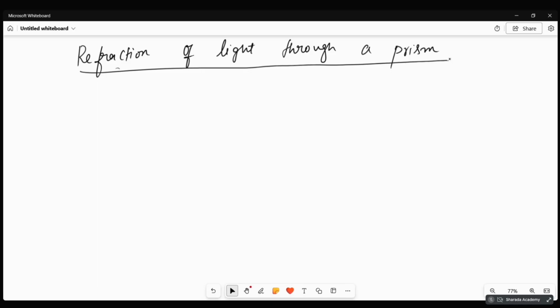That bending we call the deviation. So how much will the deviation be, more or less? When wavelength is more, deviation is less. That is, red light bends less. Blue light or violet light bends the most.